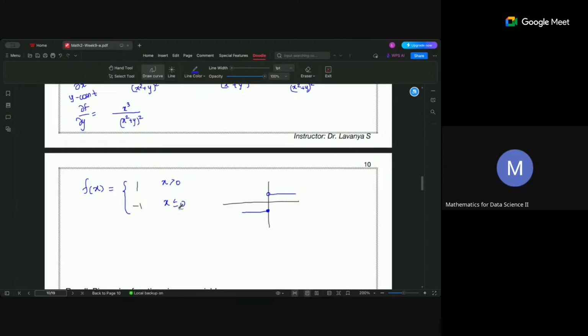So these are some examples of piecewise functions. Piecewise function means for different pieces, the functions are defined differently. So these are piecewise functions.